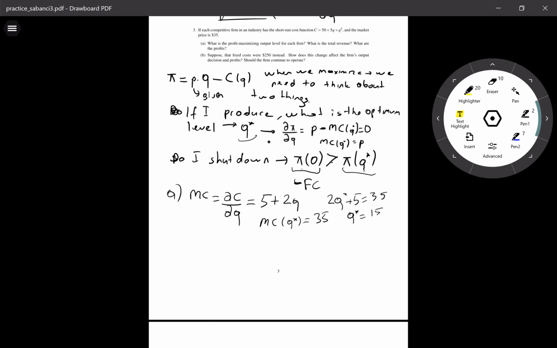Then I need to check the following. Q star is 15, so I need to find the profit level.